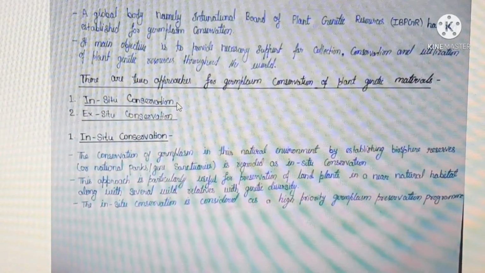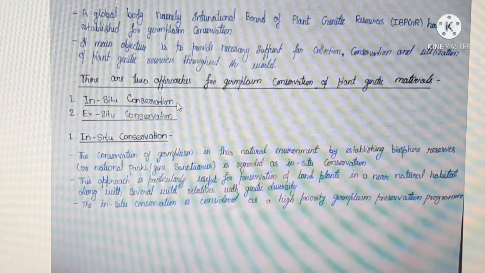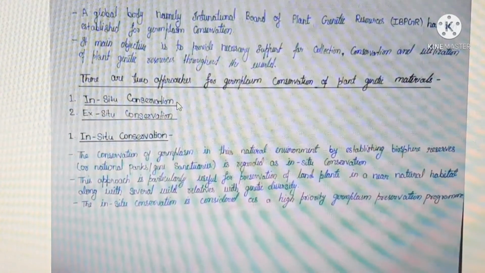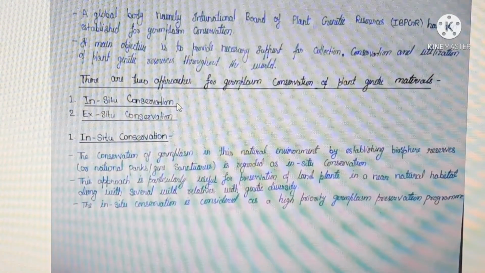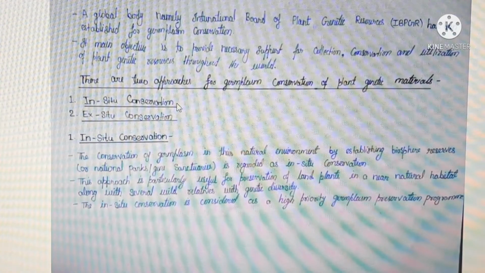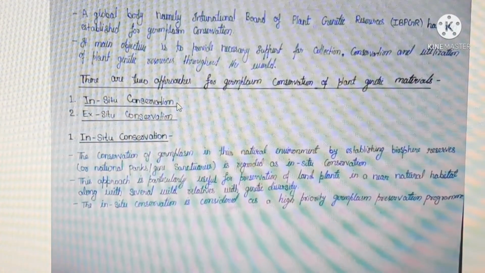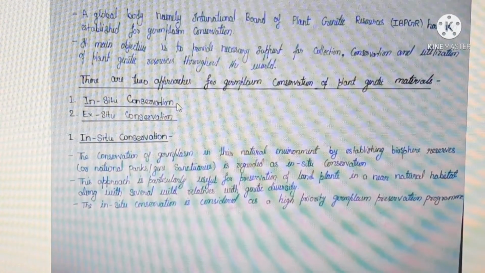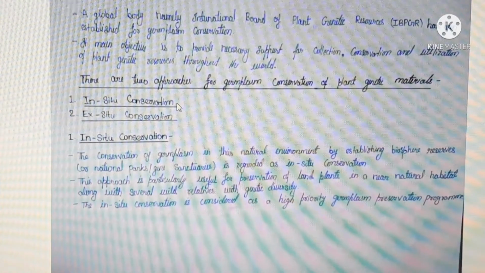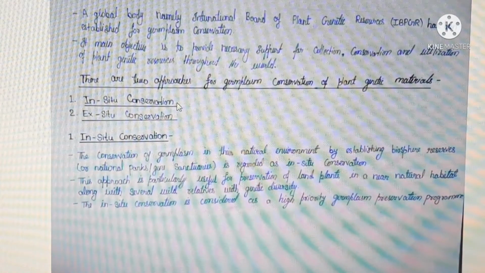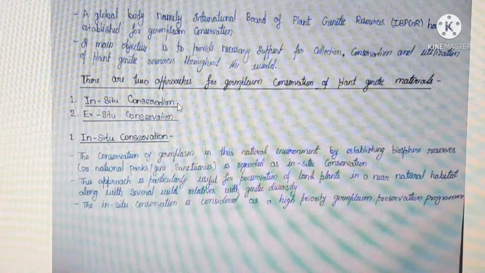First of all, we will talk about in situ conservation. What is in situ conservation? The conservation of germplasm in their natural environment by establishing biosphere reserves or natural parks is regarded as in situ conservation.